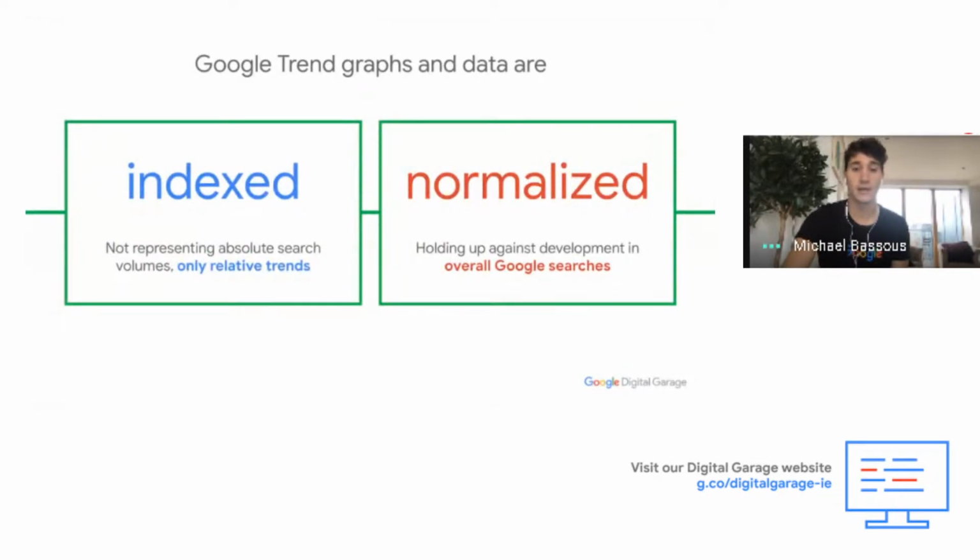However, normalized means we show interest in comparison to total searches. Otherwise, almost every graph would be increasing as searches in general are increasing. So if it's going up, for example, the interest is increasing more than the search term increase on Google. If it's flat, the interest is increasing or decreasing at the same pace as all searches on Google. So when we combine both indexed and normalized, we can understand the trend of the searches, how they're going.